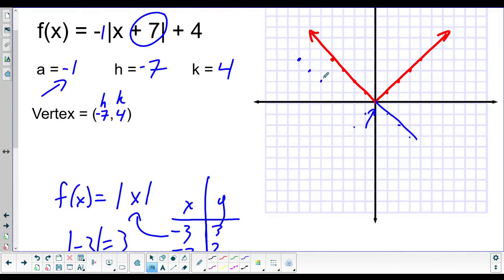Dot, dot, down 1, right 1, down 1, right 1, down 1, left 1, down 1, left 1, down 1, left 1. And then there's our new absolute value graph. Whoops, that's a little sloppy. Anyway, you would use a ruler, but there we go. Okay, looks good. So there's our absolute value.